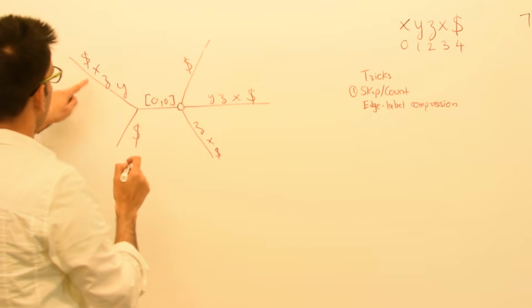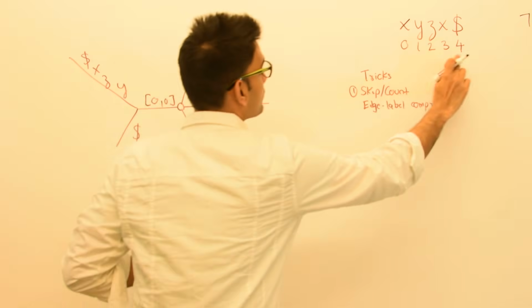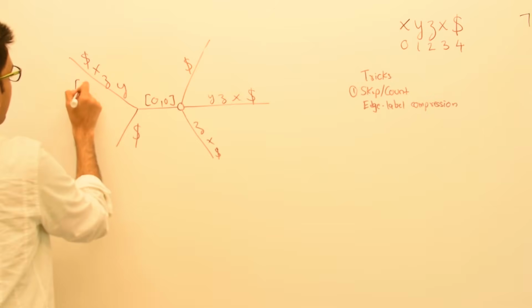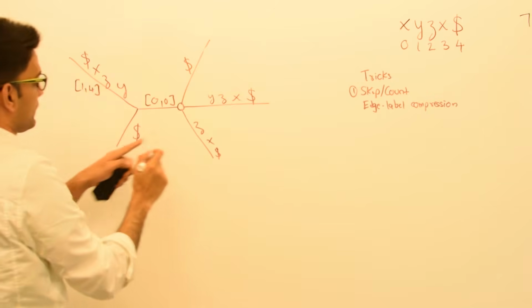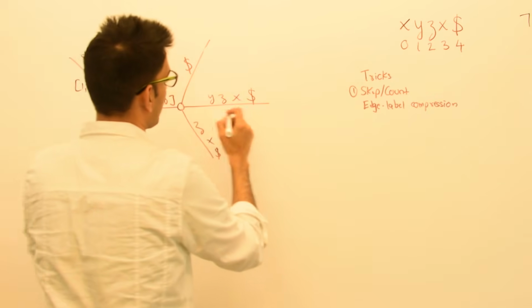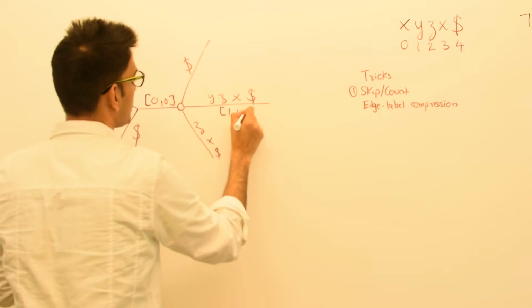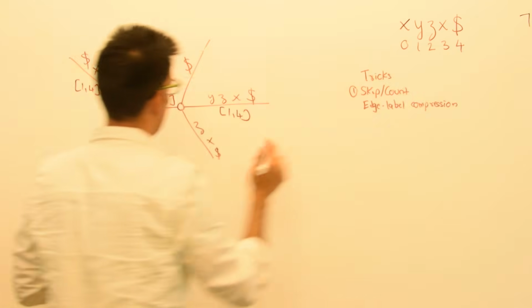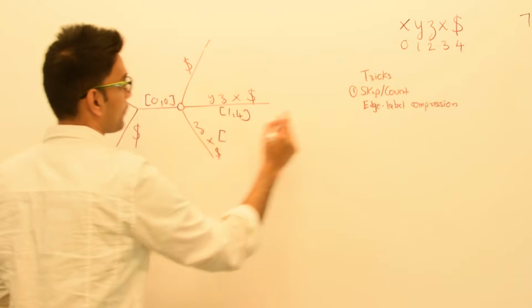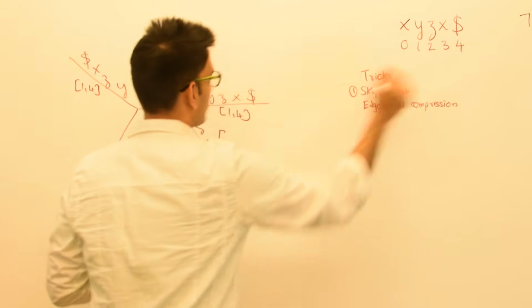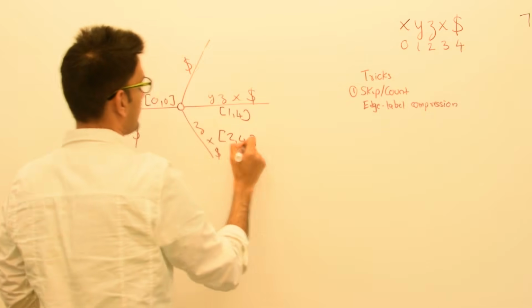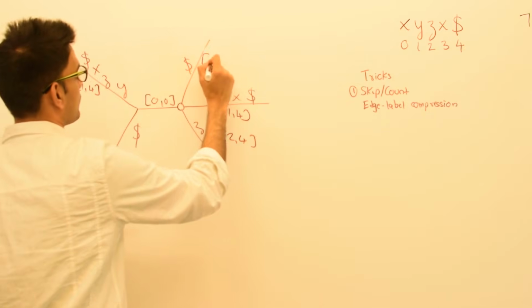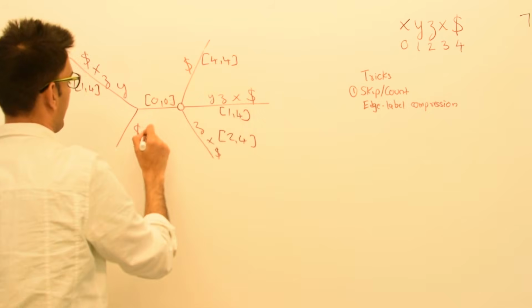Instead of y, z, x dollar, we'll store 1 to 4. Instead of zx dollar, we'll store 2 to 4. Instead of dollar, we'll store 4, 4.